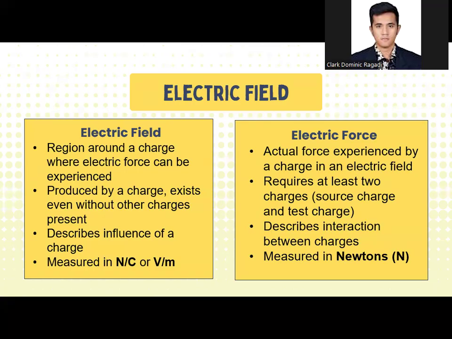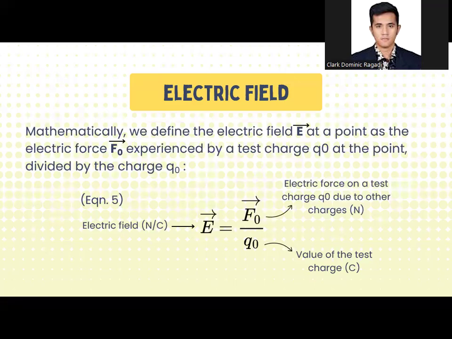Mathematically, we define the electric field, the vector E, at a point as the electric force, vector F_0, experienced by a test charge q_0 at the point, divided by the charge q_0. So we have here the formula for the electric field: force over the value of the test charge.